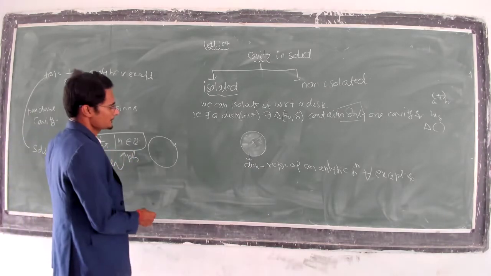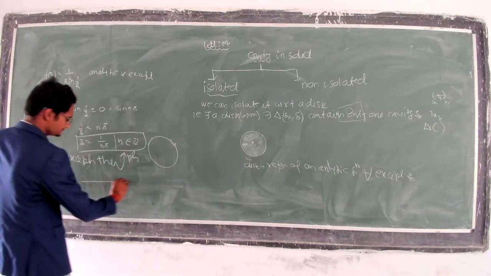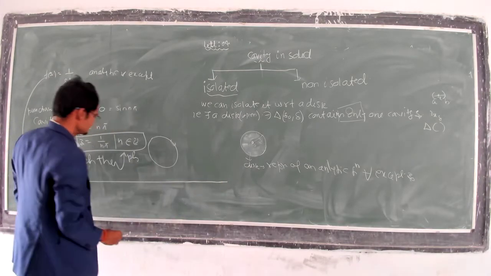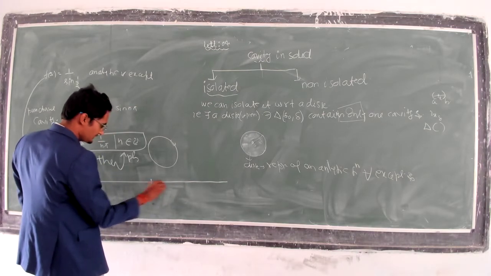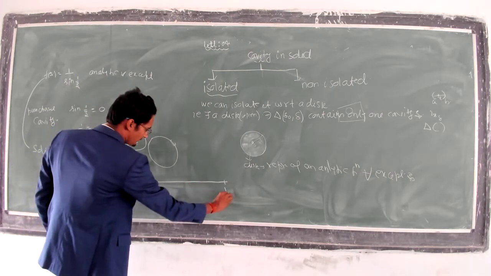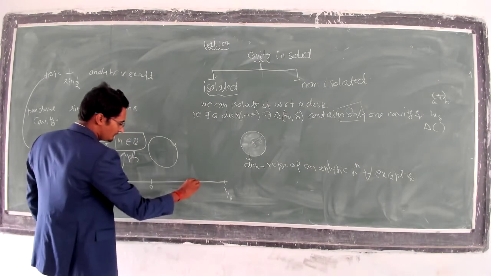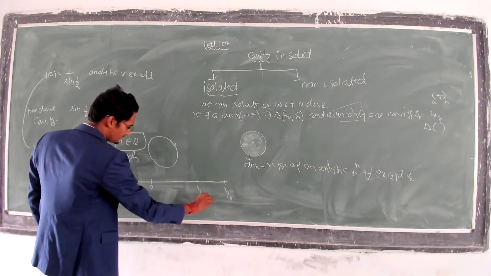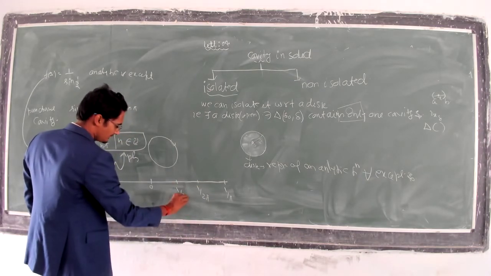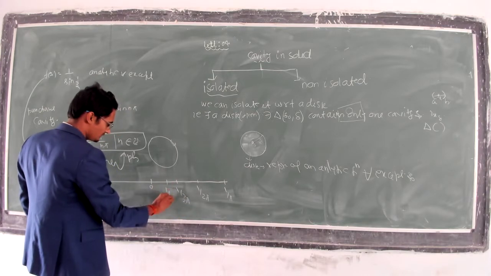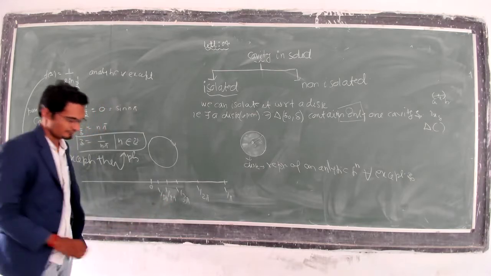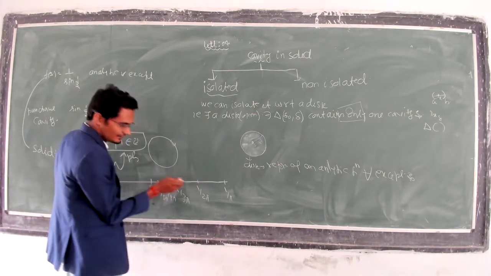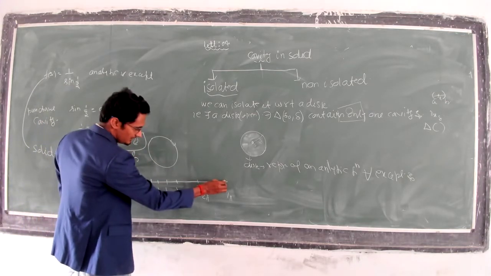If you draw, n equal to 1 gives 1 upon pi, n equal to 2 gives 1 upon 2 pi, and so on, 1 upon 5 pi. At these points, this is the puncture, meaning make it a puncture.